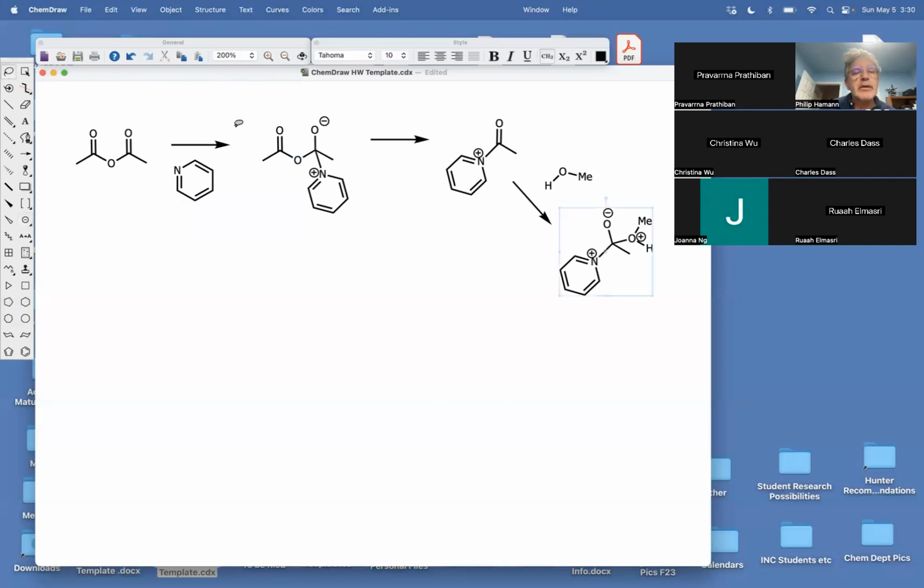If you choose methoxide by deprotonating it with pyridine, I'm really not sure which would win. But pyridine's a pretty bad base for an alcohol, so.